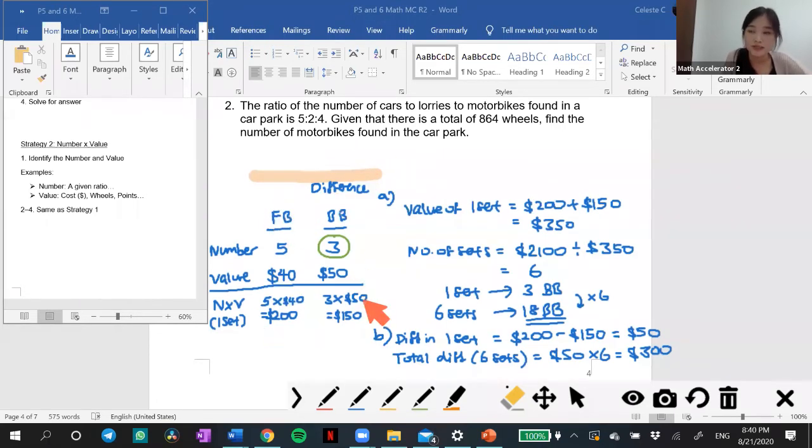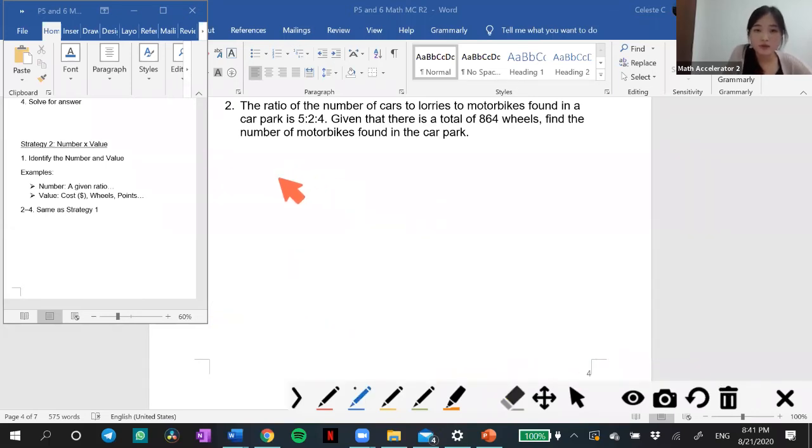So we want to do the same table first and then apply the same steps to get this answer. So we have cars, lorries, motorbikes. 5:2:4. So this is the ratio. This means that this is the number. What is the value?